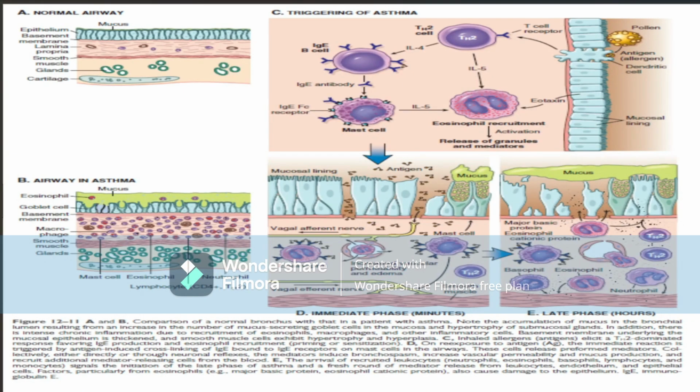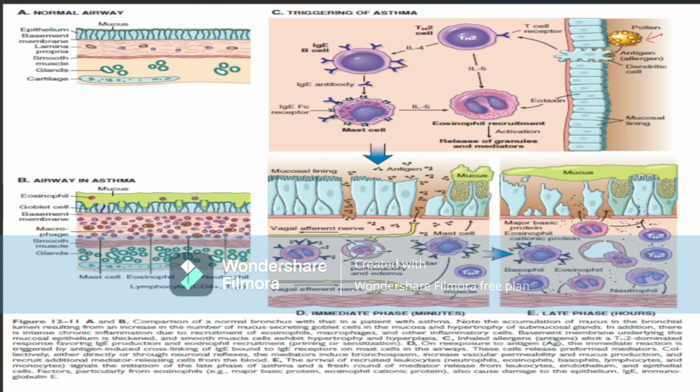Now come to the pathogenesis of asthma. How are these symptoms present in asthma? As we know, asthma starts when some antigen, such as pollens, dust particles or any other thing, enters the respiratory tract.